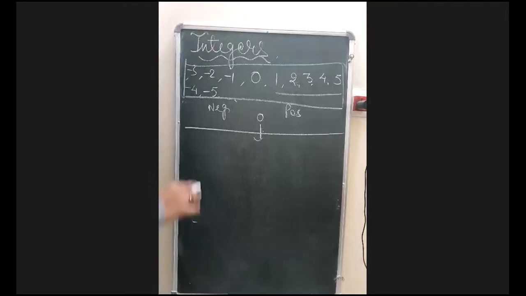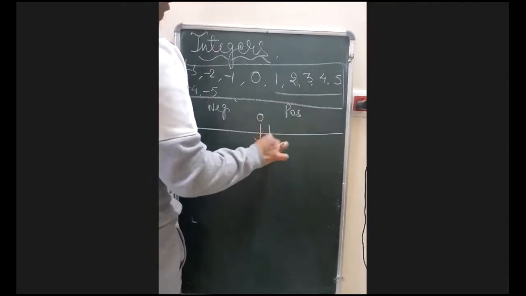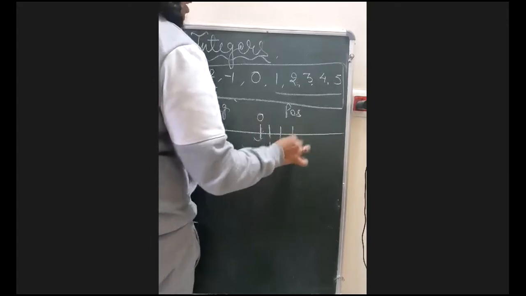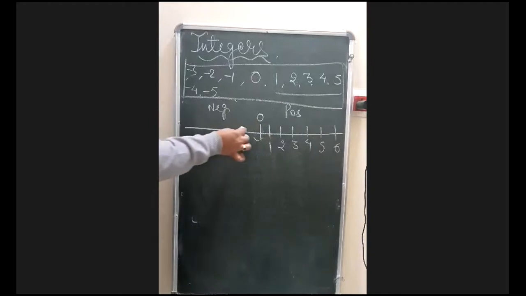Okay, here if you move to the right, you go 1, 2, 3, 4, 5 and 6. I'm not taking many more numbers. And then in the negative direction, you move -1, -2, -3, -4, -5 and -6.